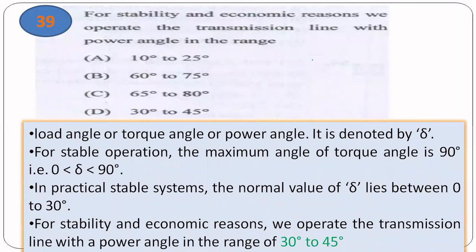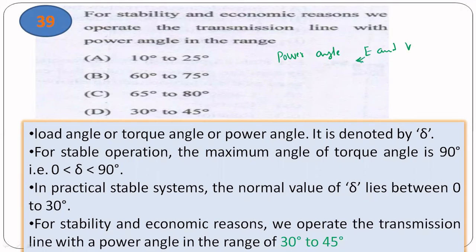For stability and economic reasons, we operate the transmission line with power angle in the range. So this question is about power angle. As you know, this power angle is generally measured between E and V of an alternator.